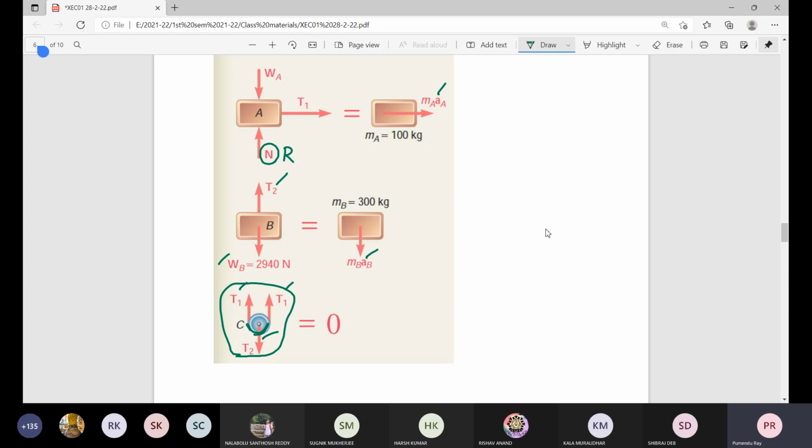As well, the pulley is assumed weightless. So it is equal to mass multiplied by acceleration. Of course, acceleration AB is there, but the mass is 0, so 0 multiplied by AB is 0.